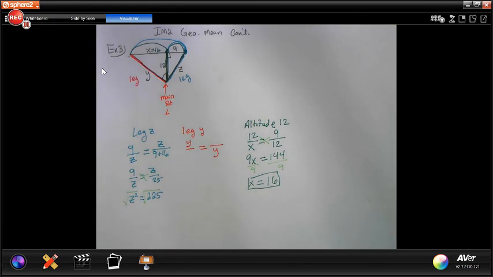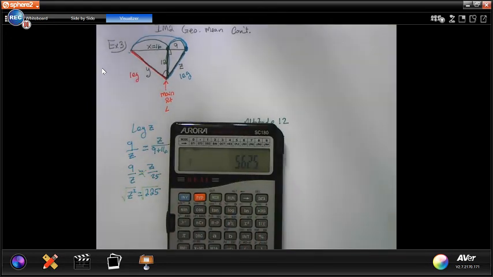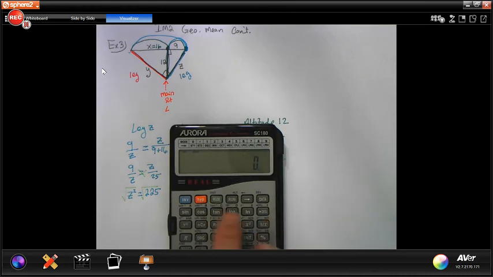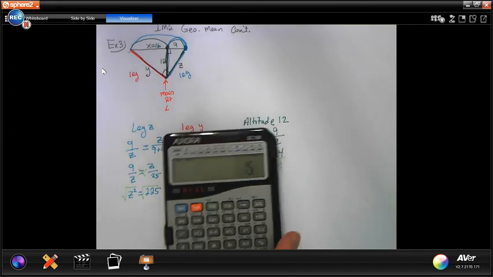And when you square root 225, oh, I think I accidentally squared it. My calculator is not working right now. Let's try this again. Square root 225 equals 15. There we go.